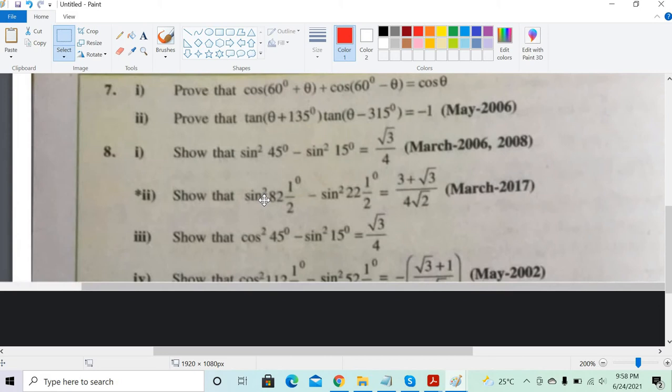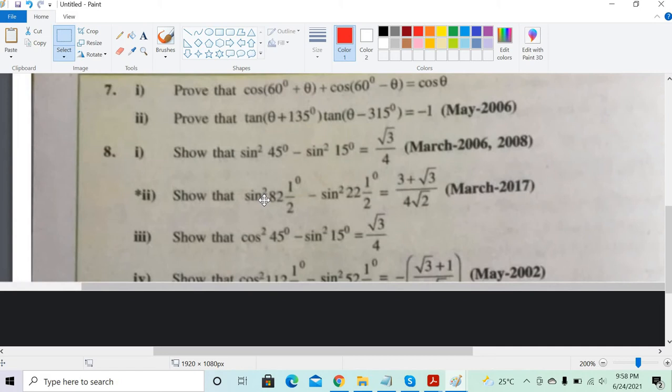So root 3 square is 3, then 1 is 1, minus 1, then there's 2ab, so 2 into root 3 minus 2 root 3, by 8. Correct.